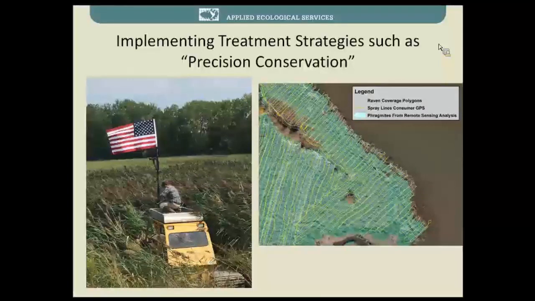It's a critical part in treating these very large stands, because if those spray lines are separated and you don't get the necessary overlap to get good treatment, you've got one of those lines that Steve showed on the map, and ultimately those lines will regenerate large stands very quickly.